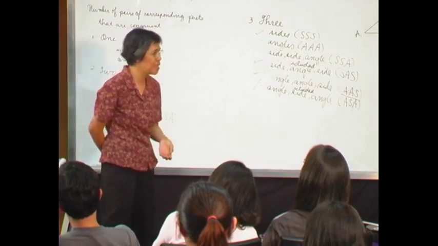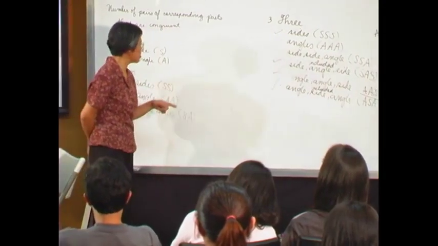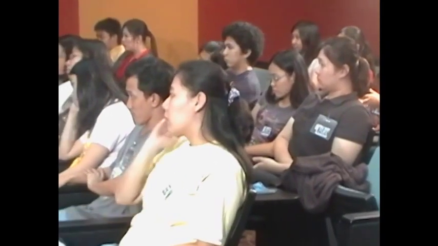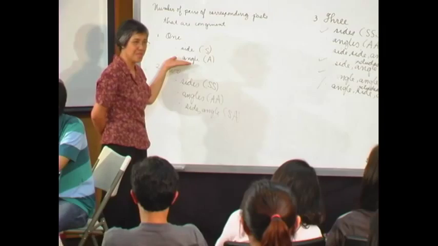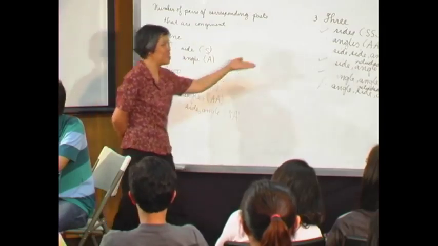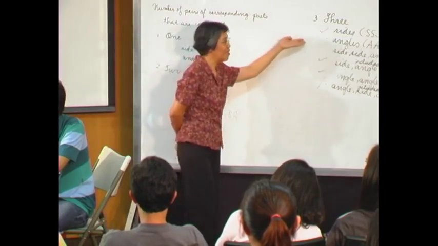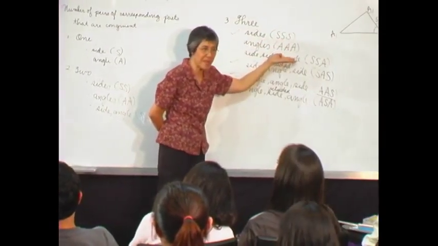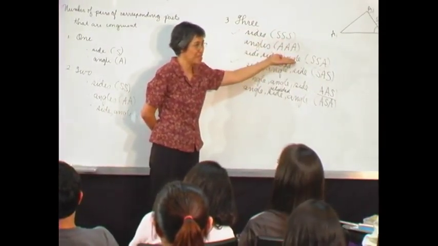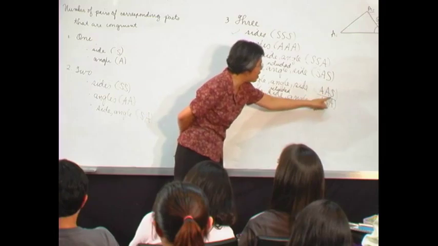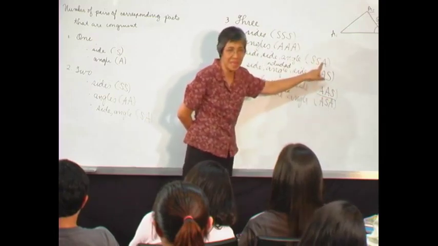Like for instance, prior to this lesson, did you ever ask yourself why you could not have 1 as the fewest, or 2 as the fewest? Why 3? How come even if we have SSS, AAA will not give us the same result? Right? How come we can have AAS but not SSA?